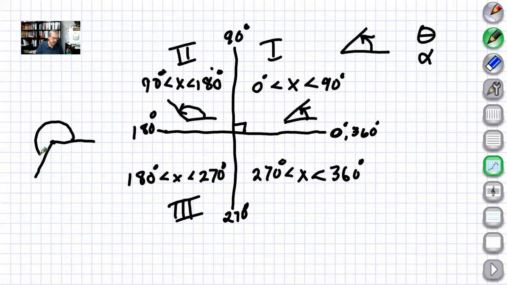So the angle is measured on the outside. On the outside, it would be positive, and maybe it's like a 235-degree angle. So this would be our angle. If we were measuring on the inside, this would be a negative angle.